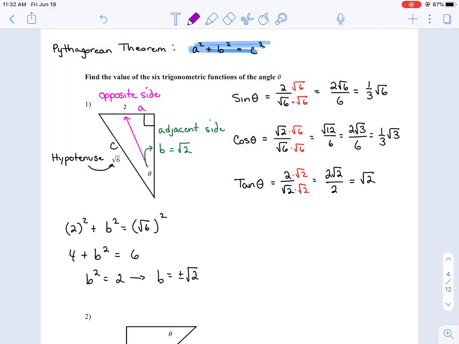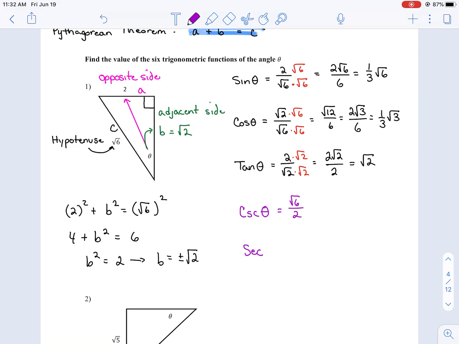Next, let's go with cosecant. Remember that cosecant of theta is the reciprocal of sine. So since sine is 2 divided by the square root of 6, cosecant is going to be the square root of 6 divided by 2.